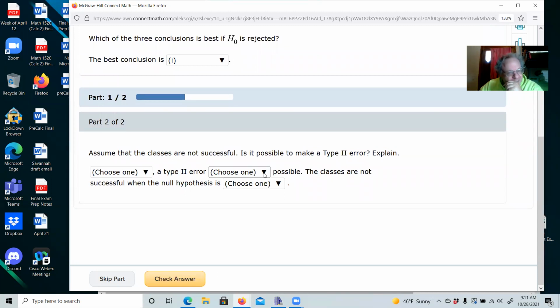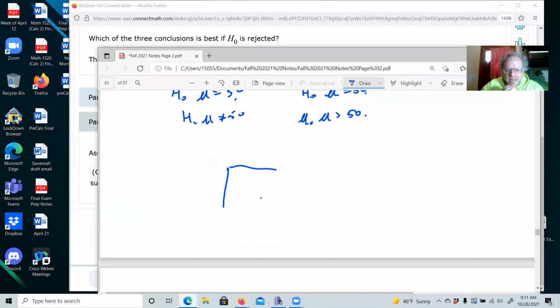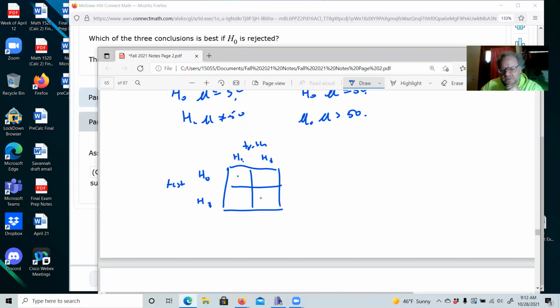Assuming the classes are not successful, is it possible to make a type 2 error? Okay, let's figure this out. Truth, test. H0 is correct, H0 is not correct, we'll say H1. This test found H1 is correct. When H0 is correct and the test finds H0 correct, we're good.